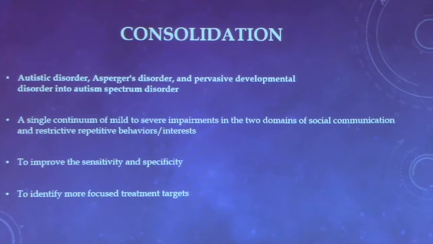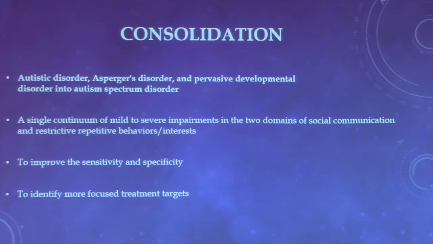So they've clubbed autistic disorder and Asperger's and PDD into one autism spectrum disorder, which makes it more homogeneous. Since basic symptoms are the same, it improves the sensitivity and specificity of the diagnosis.